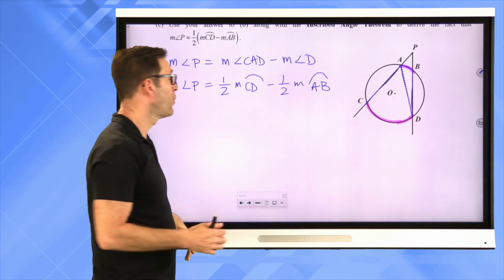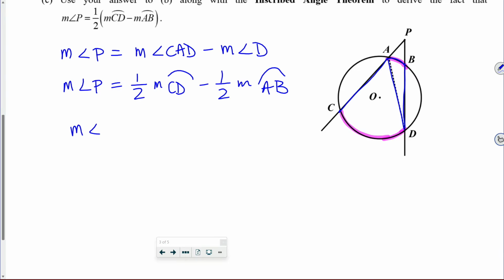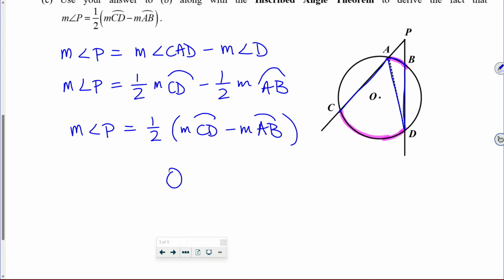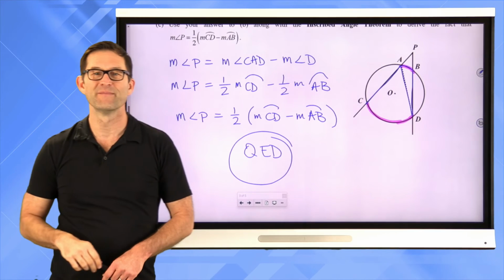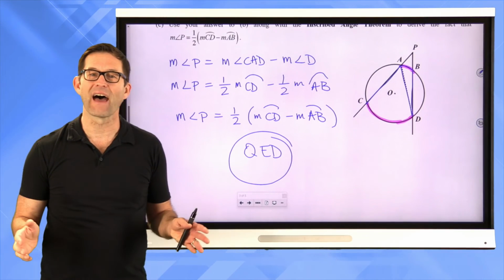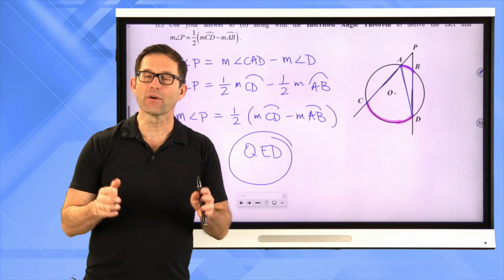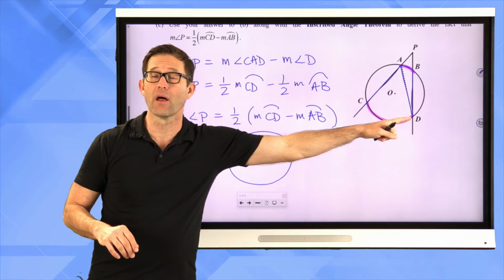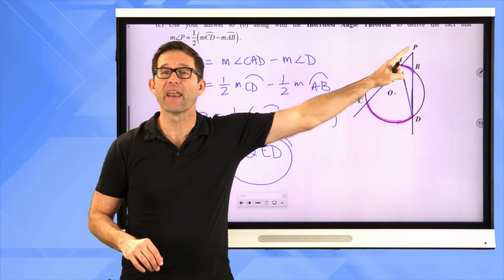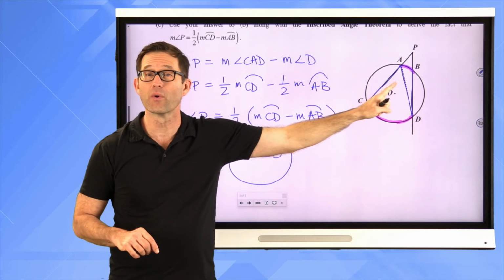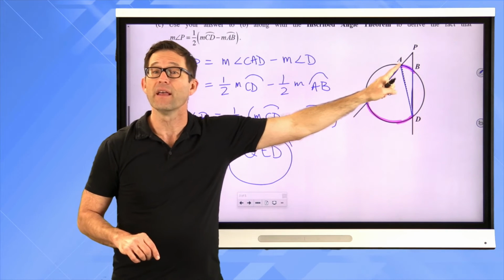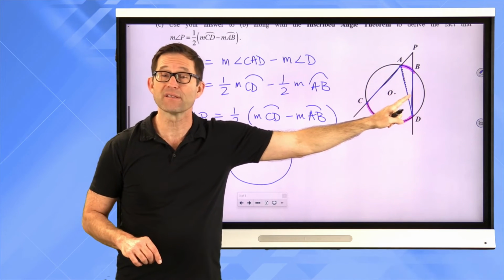So I'm just going to factor a 1/2 out of each one of those, and I'll get 1/2 times the measure of arc CD minus the measure of arc AB. I'm not sure that that proof actually even deserves a QED, but I'm writing it down anyway. How nice is that? We use the exterior angle theorem along with an auxiliary line to establish that that exterior angle, which is one of the two remote interior angles for that one, is simply going to be that angle minus that angle.